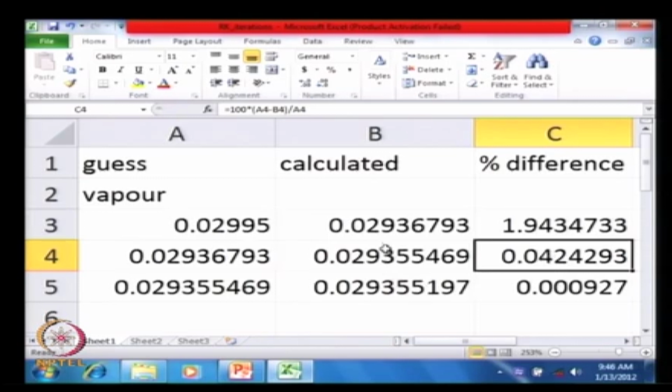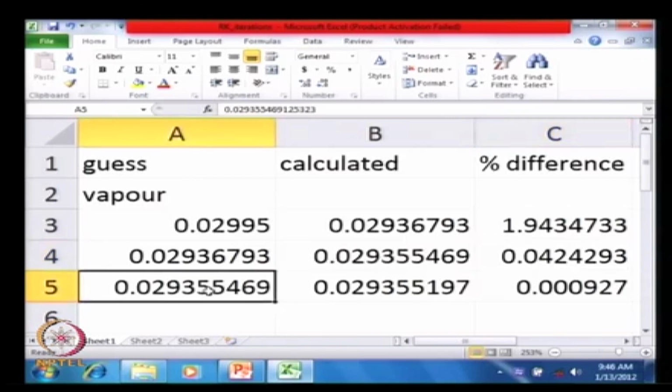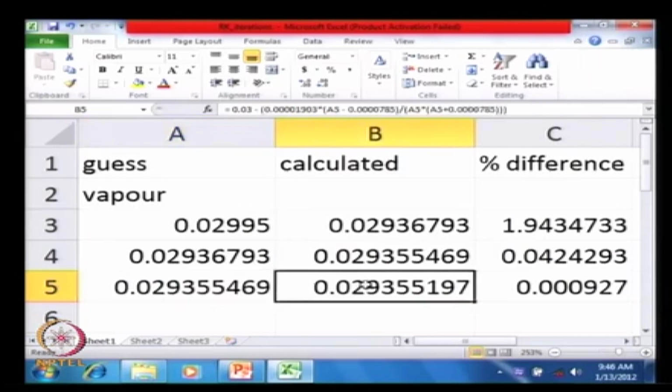So we go through the next iteration. 0.029355 and so on, we put in here, and we calculate the value again. You can simply calculate the value by Control D, which copies the formula here and calculates this value. Here it turns out to be 0.029355197, very close to this, and the percentage difference turns out to be 9.27 into 10 power minus 4.